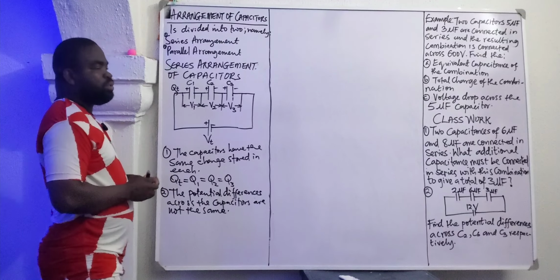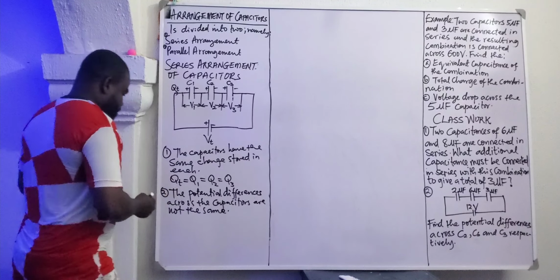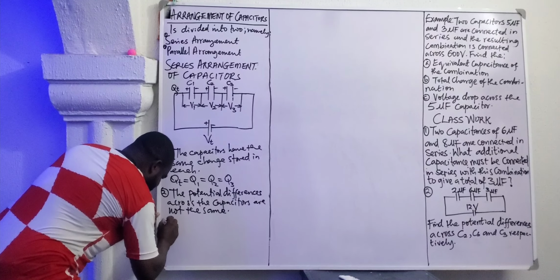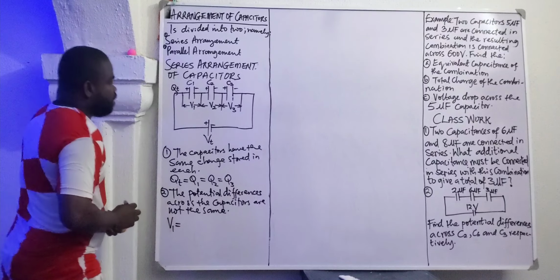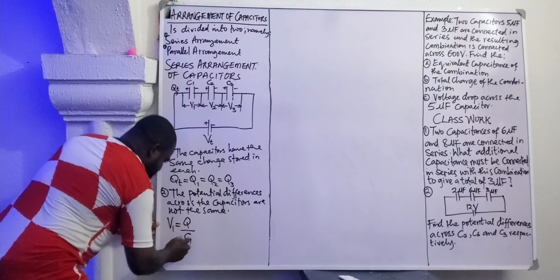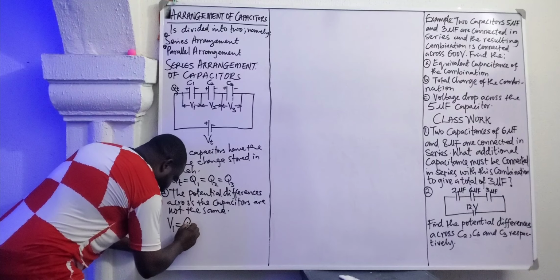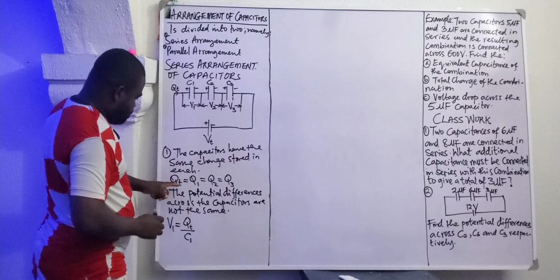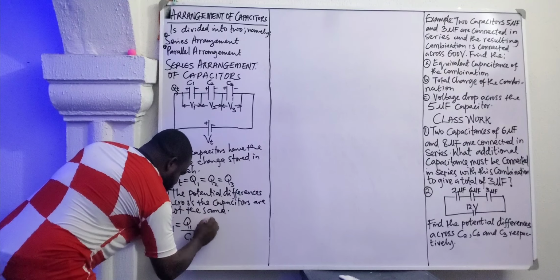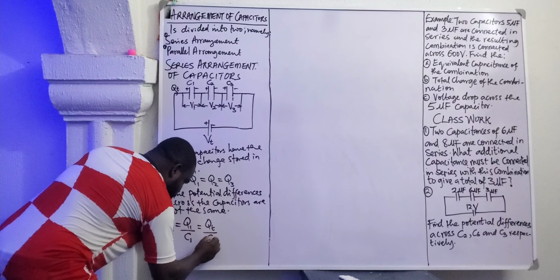It means if I want to get the individual voltage drop across each of the capacitors, then this is what I will do. If I'm getting V1, it will be equal to the charge over the capacitance, Q1 over C1. Now, this charge, let me say QT, because Q1 is QT, they are all the same, so V1 equals QT over C1.